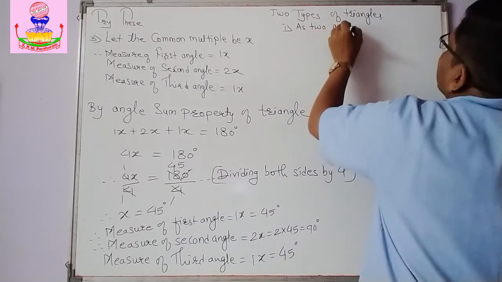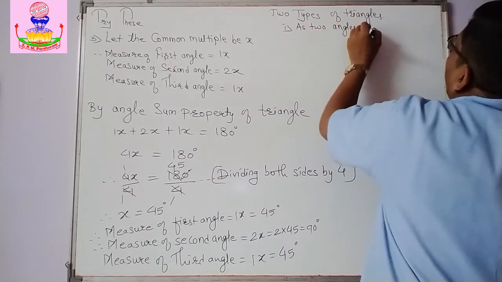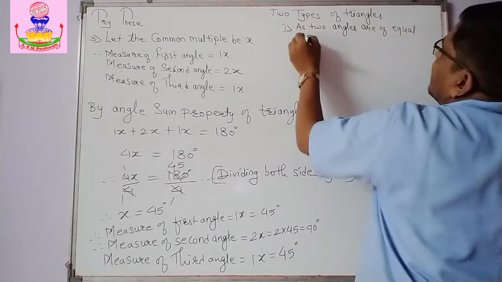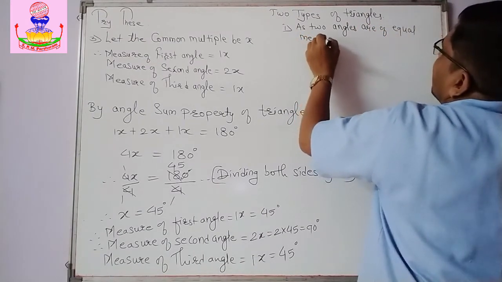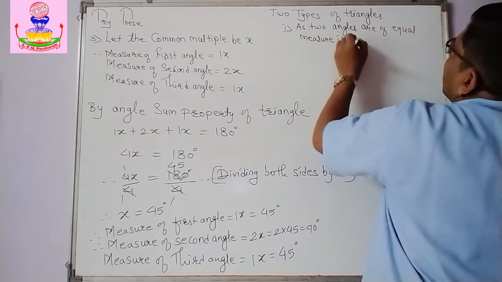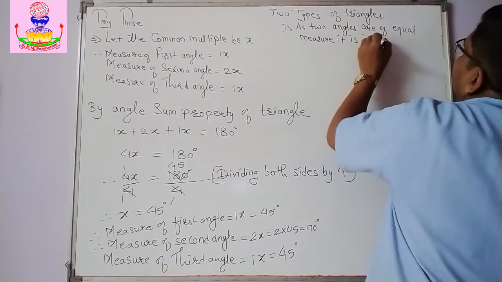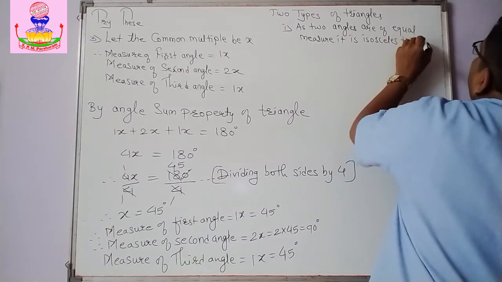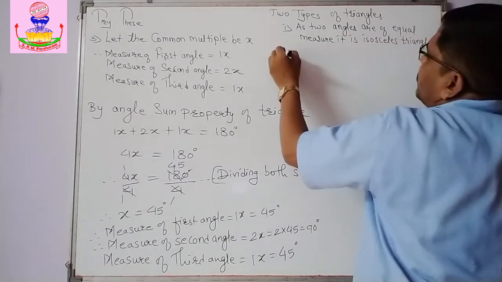First, as two angles are of equal measure, it is an isosceles triangle.